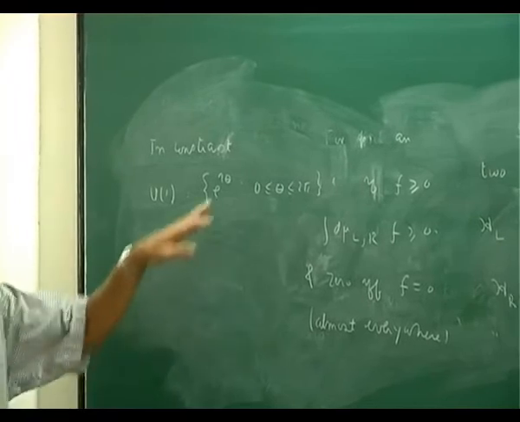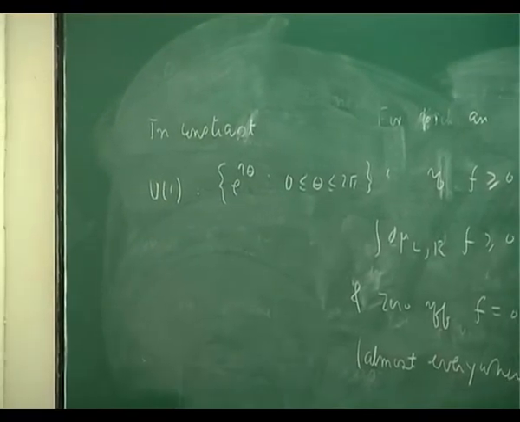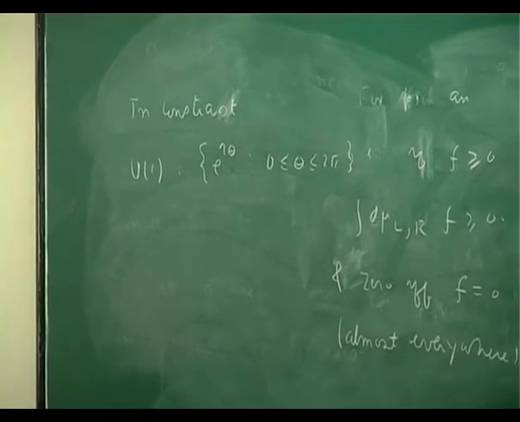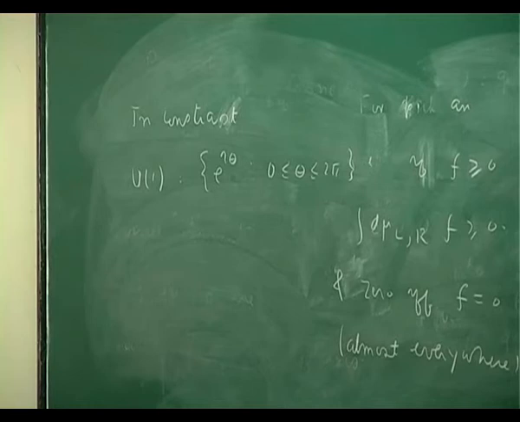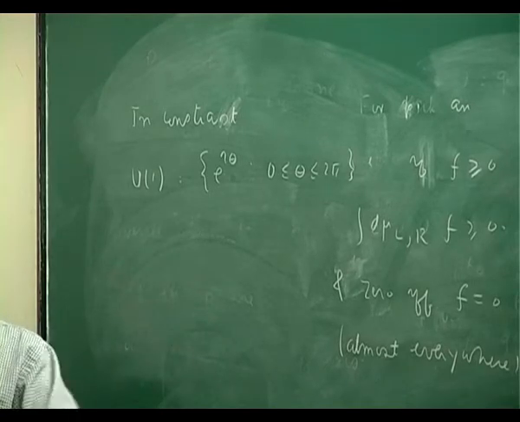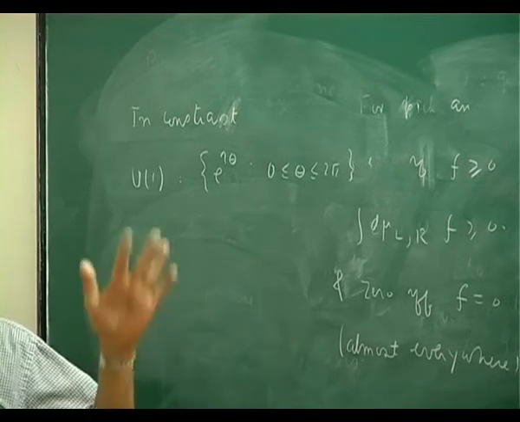But notice that theta is not a global coordinate, because 0 and 2 pi give the same point. But for integration who cares? You remove the point. It doesn't make any difference, because manifolds of lower dimension don't make any contribution to integration. So this is not a global coordinate, but it doesn't matter.